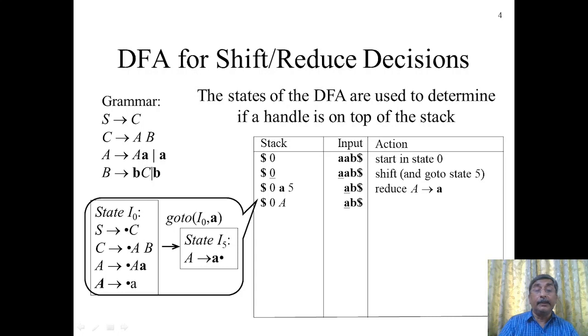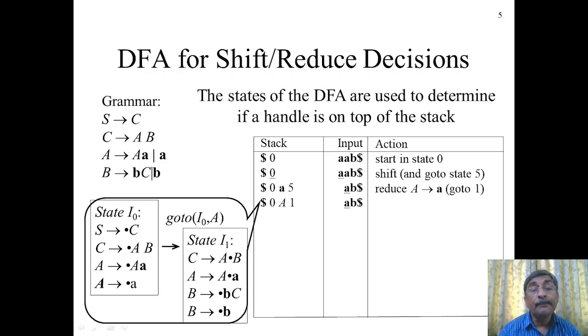So that's what we did in the next slide. This slide says if you are in state 0 and you get a capital A, you go to state 1. So I say go to 1, that is a number. So that is basically 0 A 1 as my stack from the bottom: 0, capital A, 1.